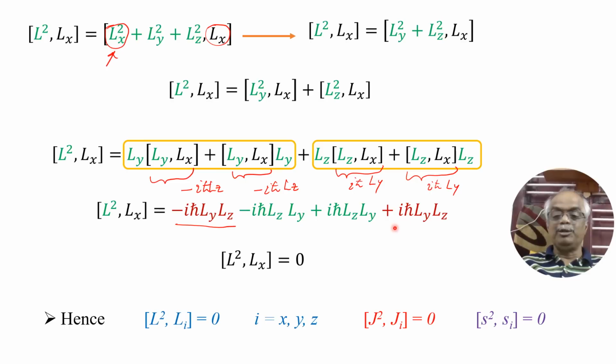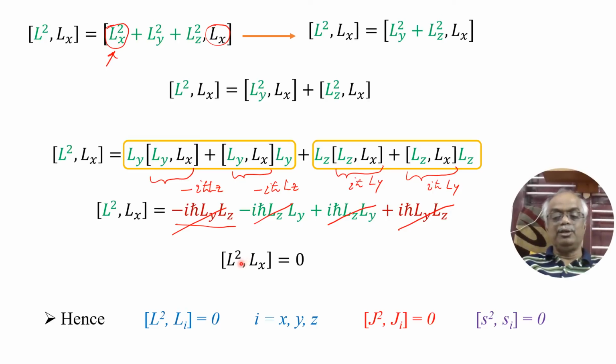So this will become plus iħ Ly, this Lz. Now this first and fourth term will get cancelled, because both are equal and opposite in direction. Same thing, second and third will cancel with each other.